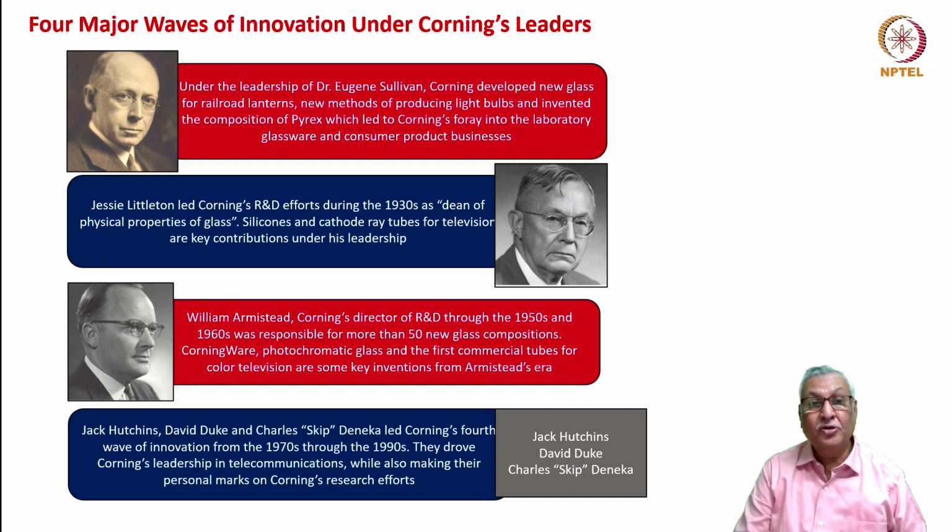Corning Ware, photochromic glass, and the first commercial tubes for color television are some of the key inventions from his era. Then Jock Hutchins, David Duke, and Charles Kip Deneka led Corning's 4th wave of innovation from the 1970s through the 1990s. They drove Corning's leadership in telecom while also making their personal marks on Corning's research efforts.